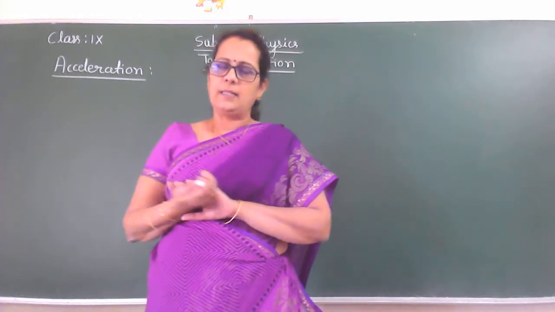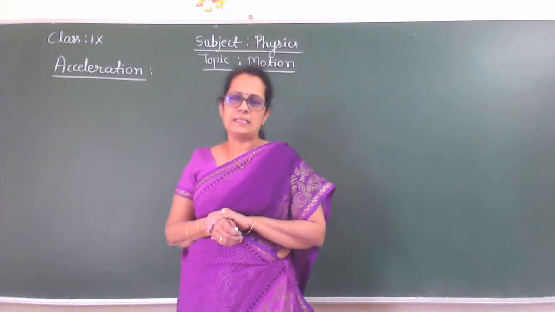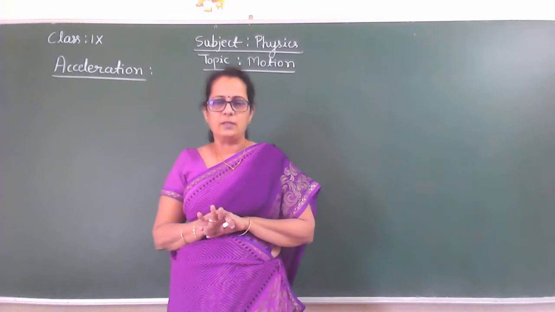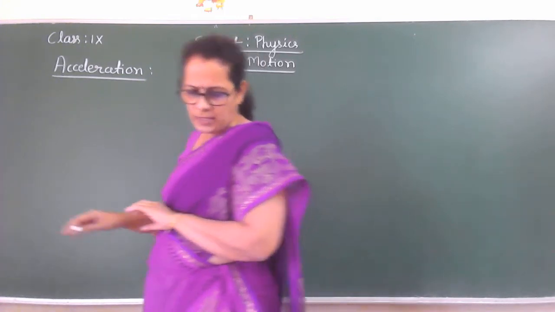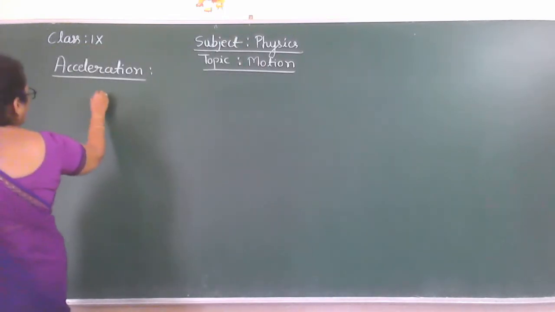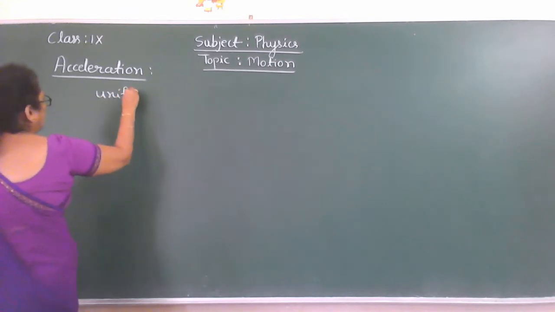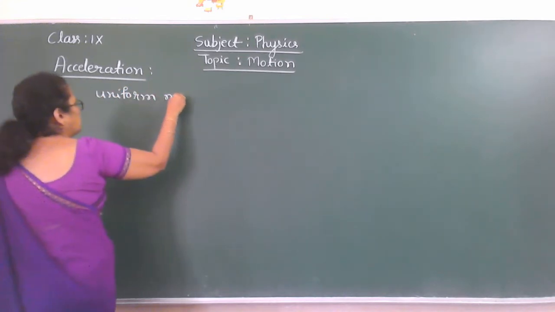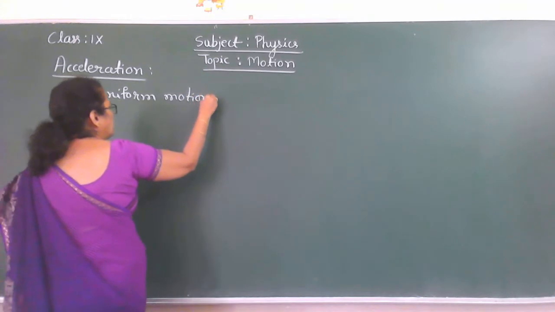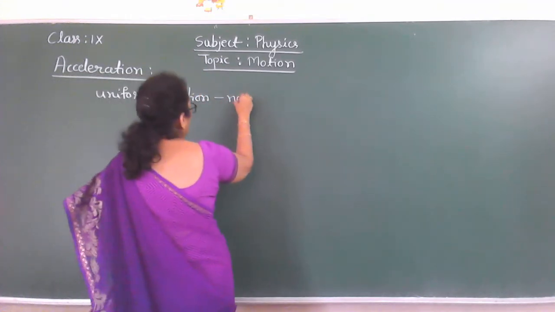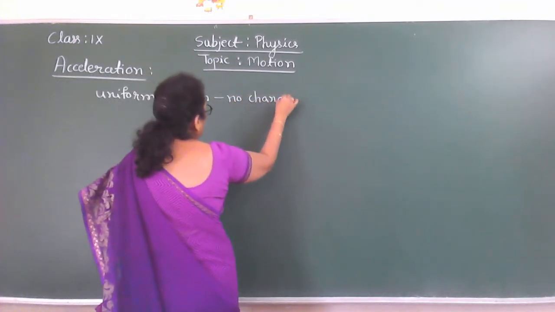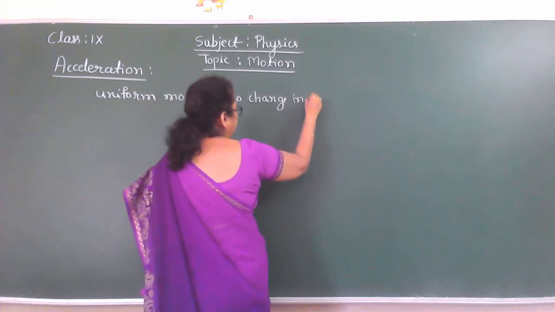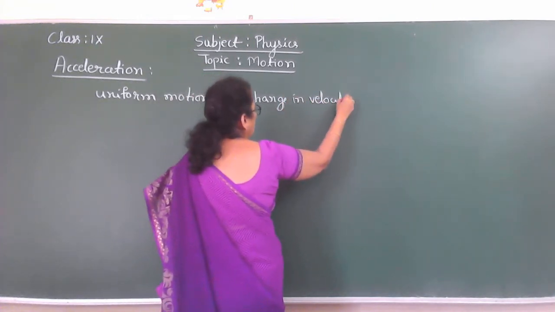So you know that the velocity remains constant if the object is moving with uniform motion. If the body is moving in uniform motion, there is no change in velocity.